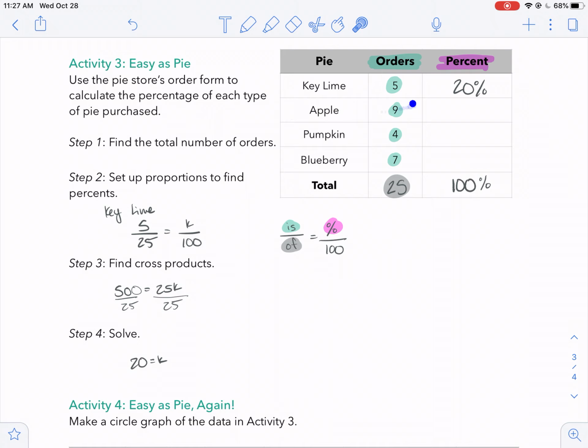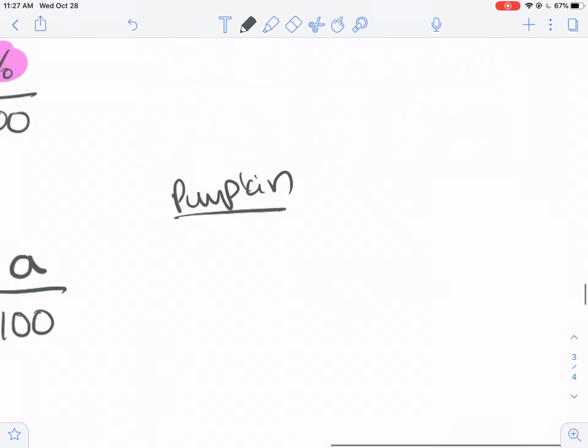So for apple, our is number is now 9. So for apple, we say that 9 over 25 is what percent over 100. For pumpkin, we'll say 4 over 25 equals what percent over 100.